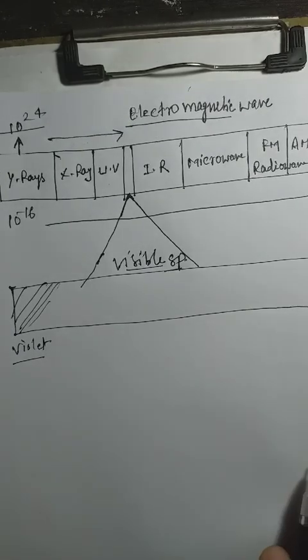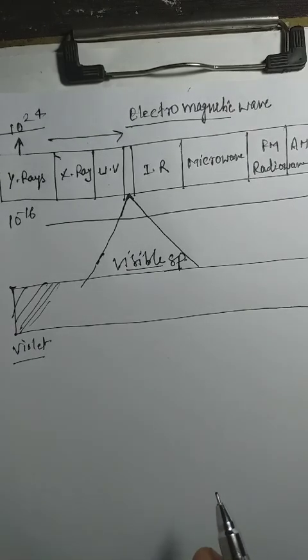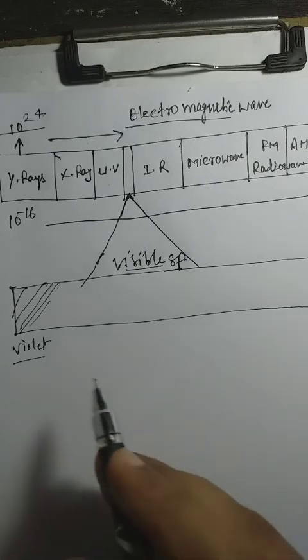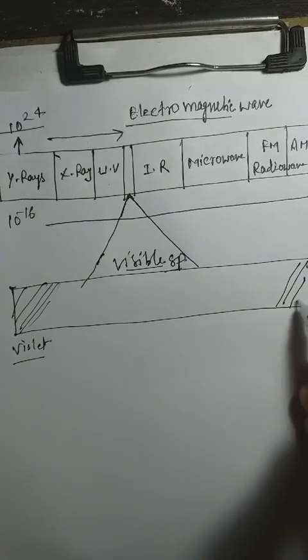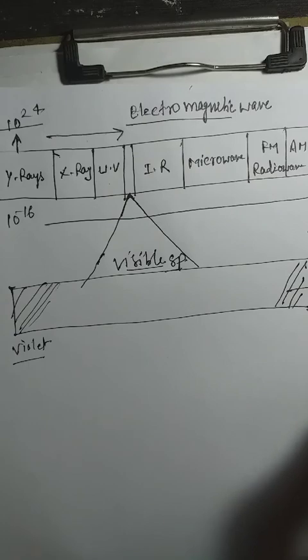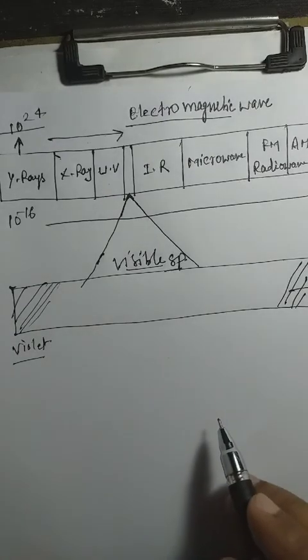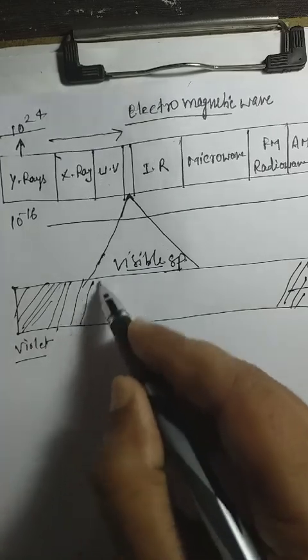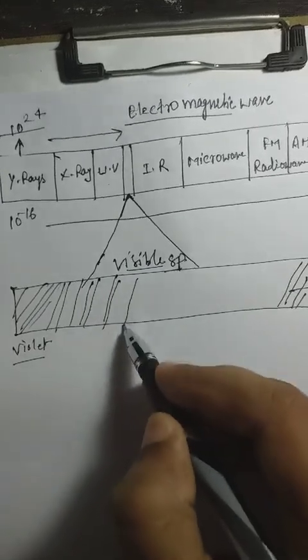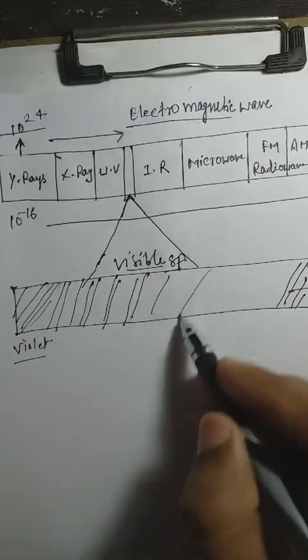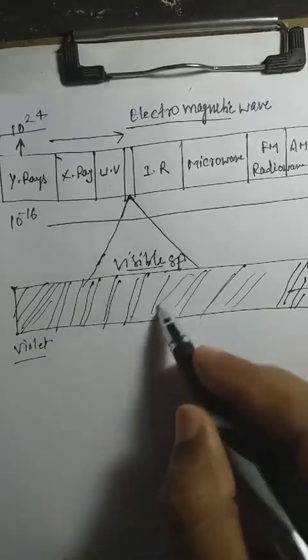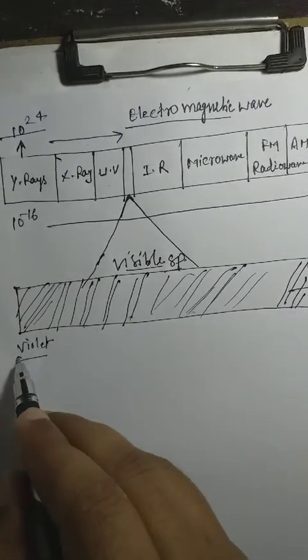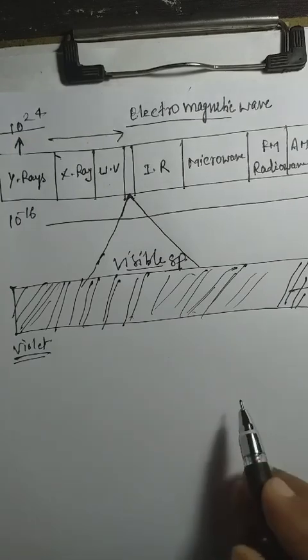VIBGYOR, you studied in your previous class maybe, and the spectrum terminates with red. This is the red portion. The last one is VIBGYOR. Then it starts with indigo, then blue, green, yellow, and these are the types of bands we observe with our eyes. It starts from violet and terminates at red.